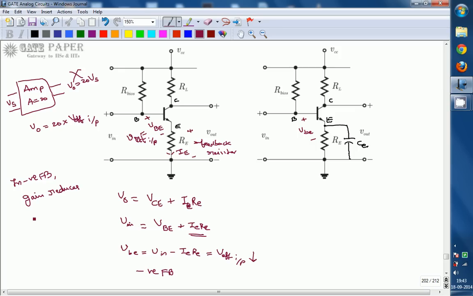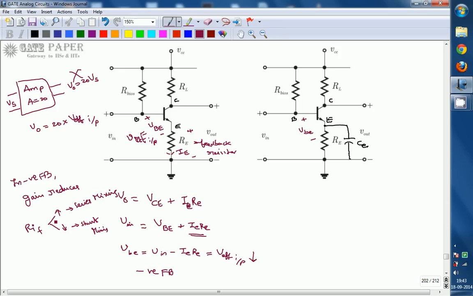Whether the input impedance increases or decreases with RIF, that is input impedance with feedback, depends on the type of mixing. If series mixing is used on the input side, then input impedance with feedback increases. Otherwise, if the input side is shunt mixing, then input impedance with feedback reduces.